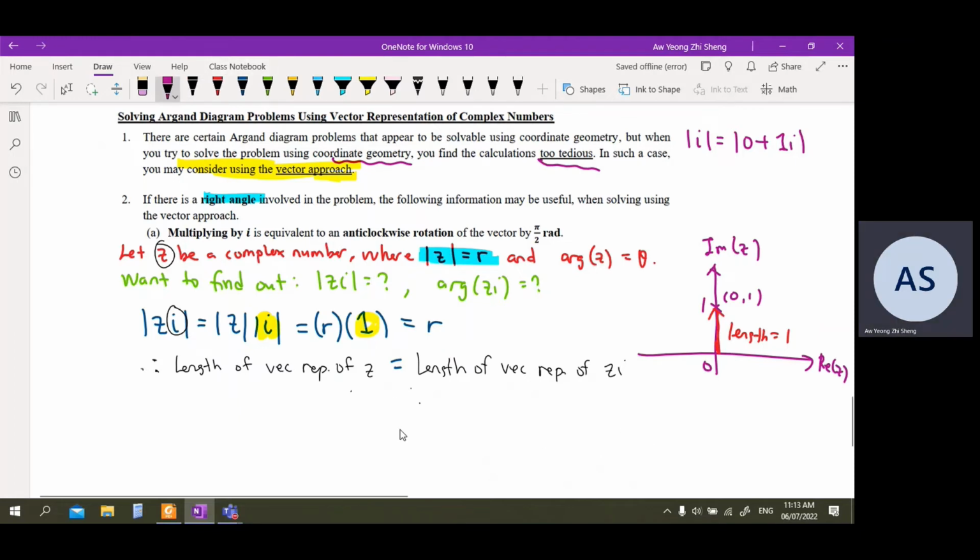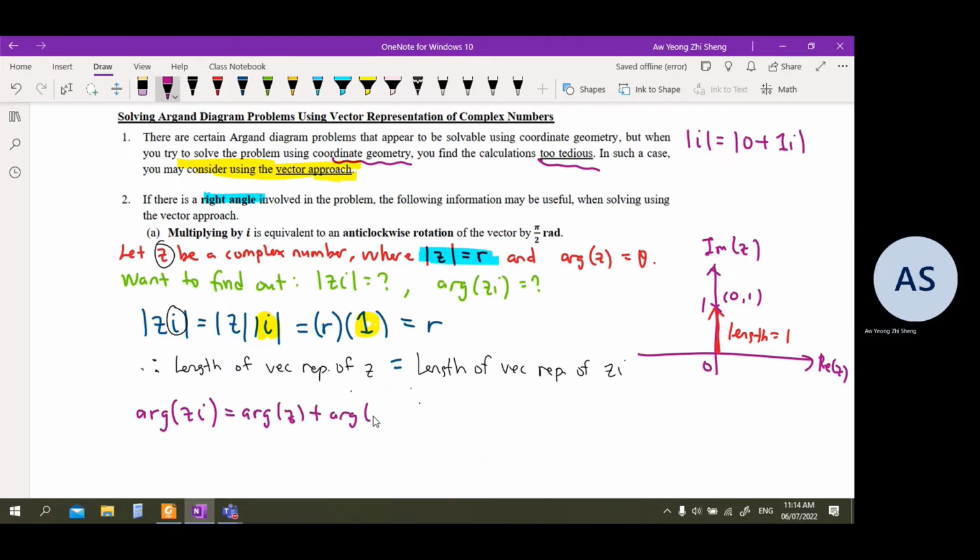Okay, then what happens to the direction of the vector representation? Let's study what happens to the argument of zi. The argument, if you recall on page 15, has a similar property to logarithm that allows you to write it as argument z plus argument i. The argument of z at the beginning, in red color, we introduced to be theta. So I just write theta here.